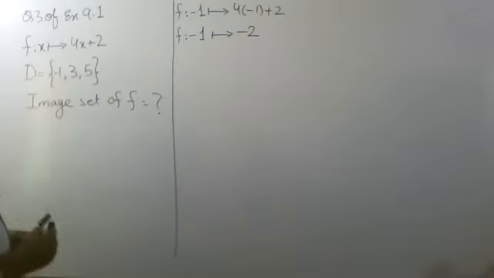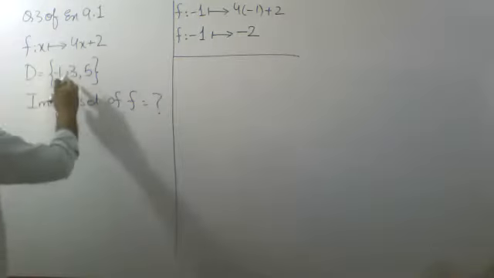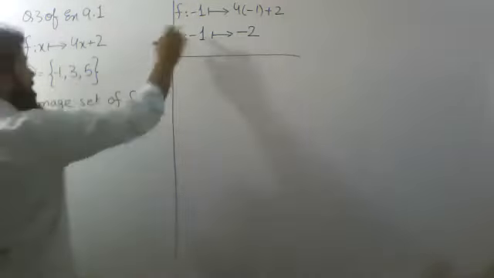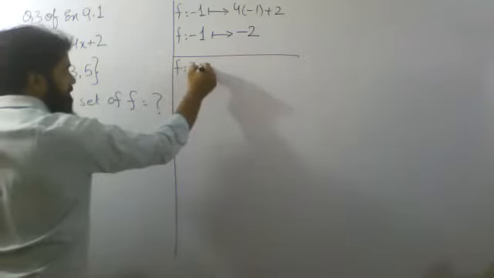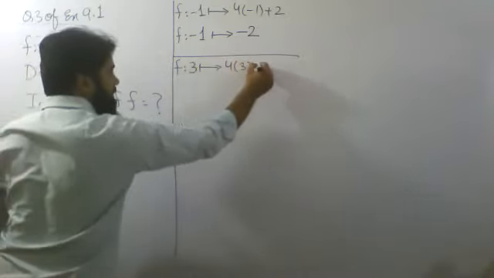Okay. Second one, I'm plugging 3 in place of x. So f of 3, which means 4 into 3 plus 2. 4 times 3 is 12, plus 2 is 14.